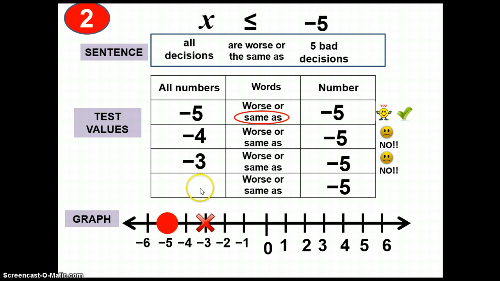No, right? What's a number that would be worse? -6, right? So -6 would be worse. 6 bad decisions would be way worse than 5 bad decisions. So all the numbers to the left, we're not going to write all of them out, because that would take forever, but all the numbers to the left would be worse than -5.